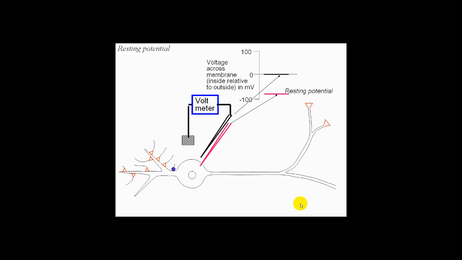The inside of the cell is negative relative to the outside of the cell. And it's negative by about a tenth of a volt. It's 100 millivolts. A millivolt is a thousandth of a volt, and it's approximately 100 millivolts negative. The inside is approximately 100 millivolts negative to the outside of the cell.